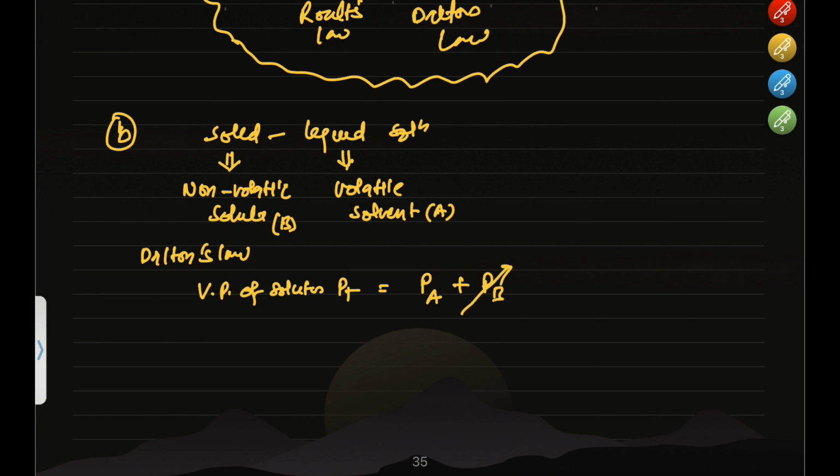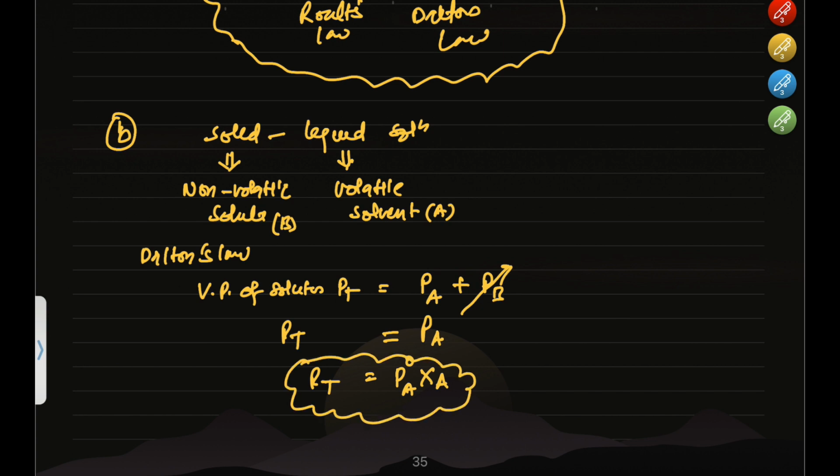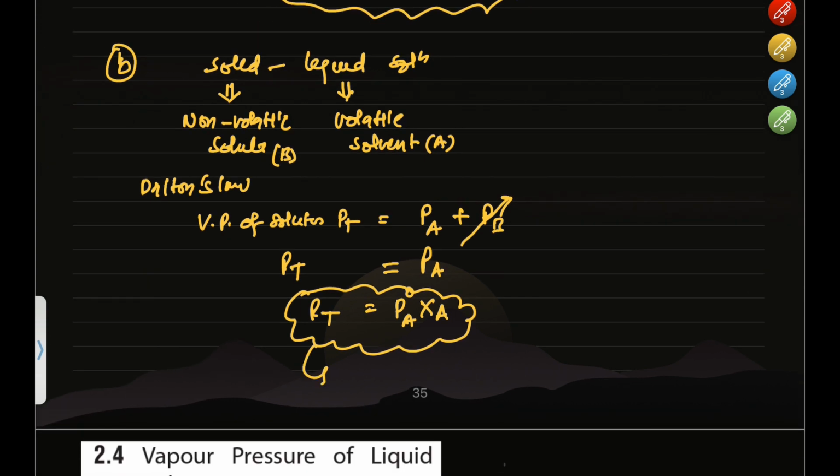Here the vapor pressure is 0. The vapor pressure of the solution means P total. P total is equal to the vapor pressure of the solvent A. The vapor pressure of the solvent can be written from Raoult's law: partial vapor pressure of the solvent in solution equals vapor pressure of pure solvent A and mole fraction of solvent A in the liquid phase. This is called vapor pressure of a solution containing a non-volatile liquid.